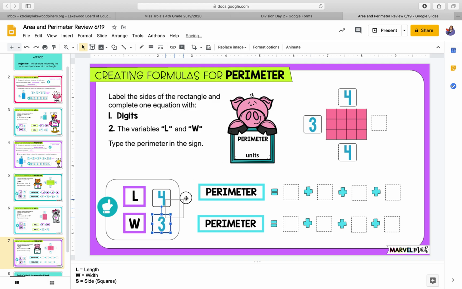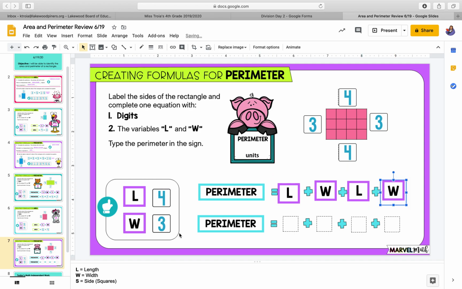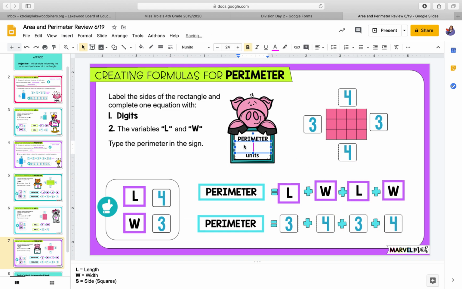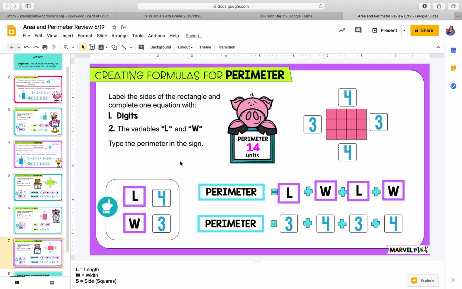Our length of 3. And I know the perimeter is length plus width plus length plus width. So let's do 3 plus 4 is 7 plus 3 is 10 plus 4 is 14. So we have 14 units.